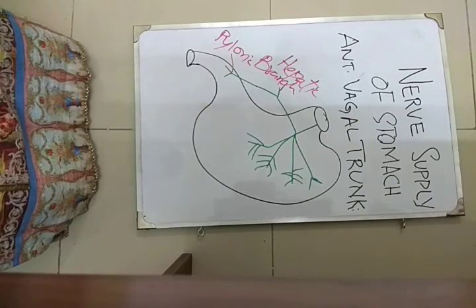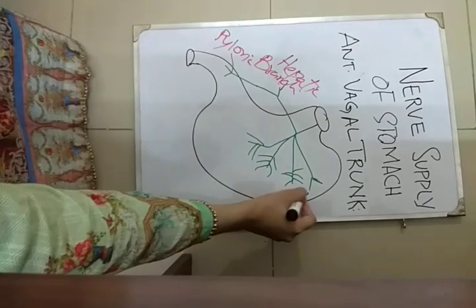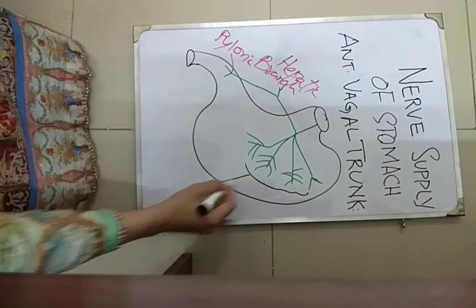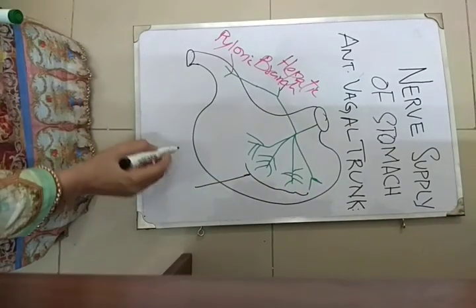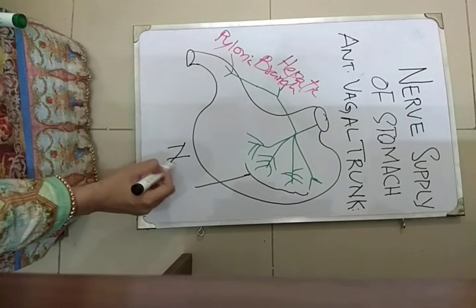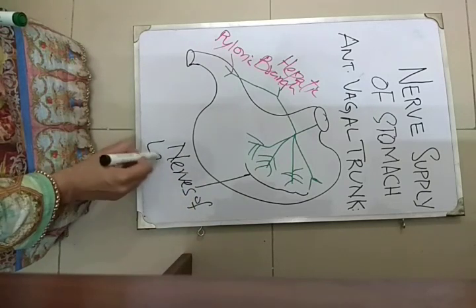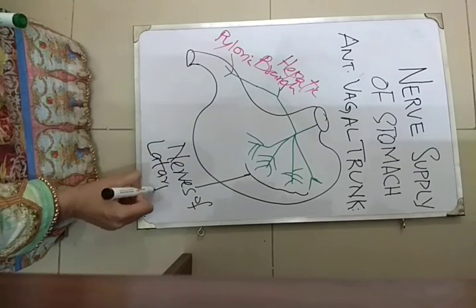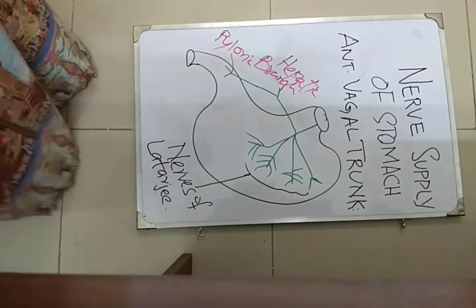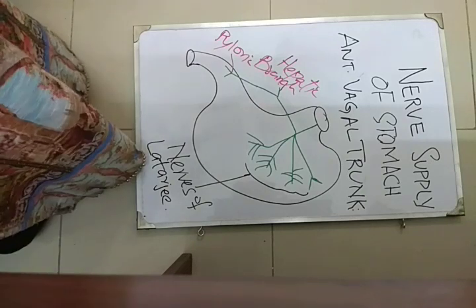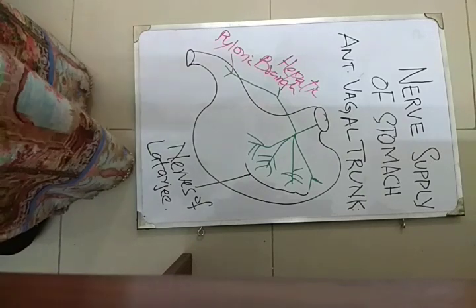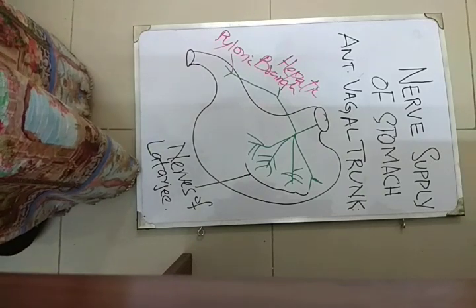These branches are known as the nerves of Latarjet. These are the nerves of Latarjet, and they supply the anterior surface of the stomach.